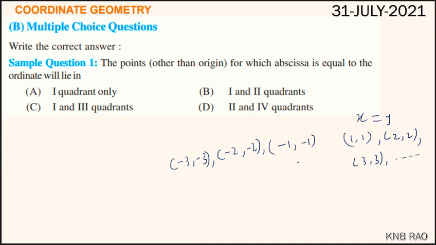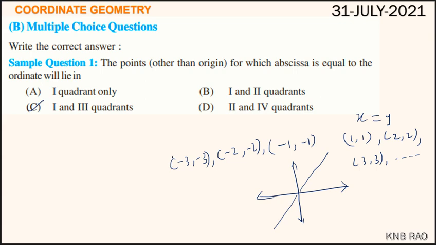So if I take the Cartesian plane, the points where abscissa is equal to ordinate will lie in the first quadrant or in the third quadrant. So the right answer is C.